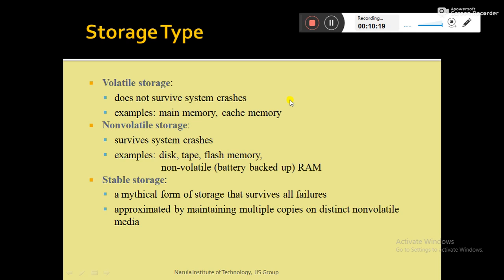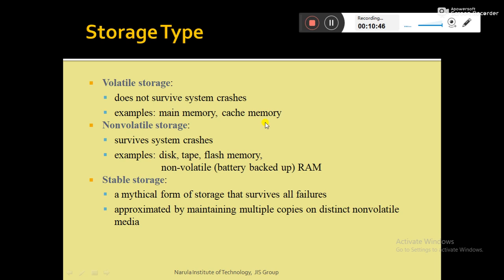But the access speed is much higher for volatile storage. Examples of volatile storage are the main memory and cache memory. All this memory belongs to volatile storage. And I have already mentioned that volatile storage does not survive system crashes. That is very important.